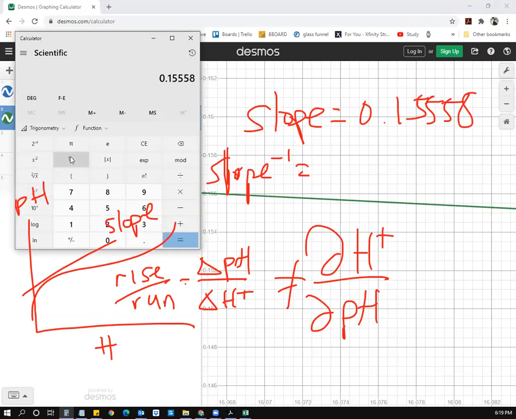Take the inverse of 0.15558, and that is going to be 6.428 millimoles of the proton per pH.